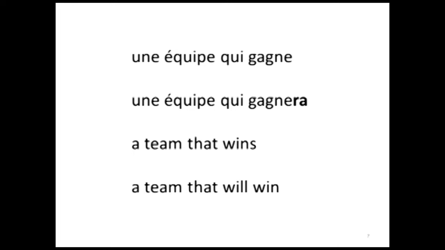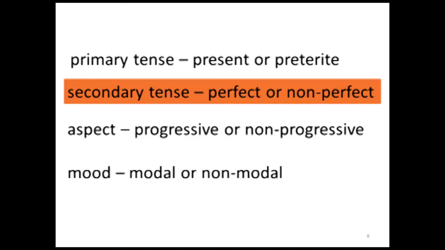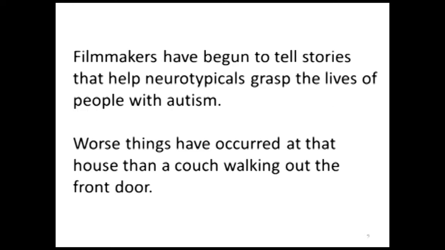Okay. Now let's look at the secondary tense system. And the dimensions here are a sentence is either perfect or it's not. It's either the default or it's a perfect sentence. Here are some perfect ones. Filmmakers have begun. Worse things have occurred. You see the perfect constructions? How do we make them? We can define this syntactically.